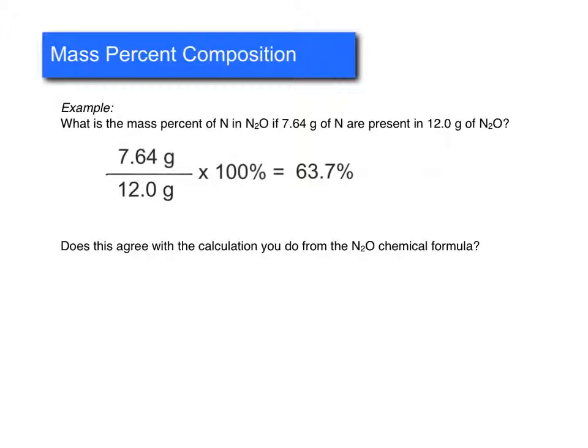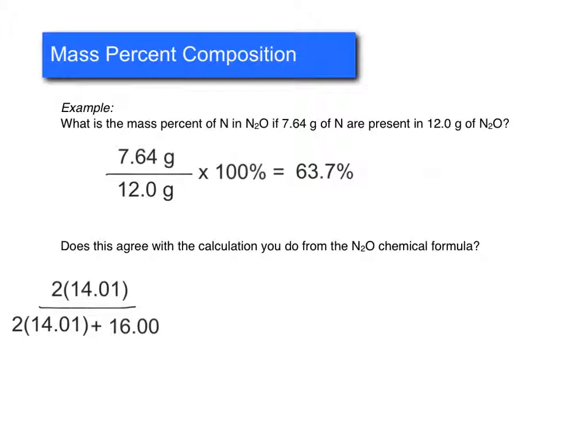Now we want to try this again using the empirical formula, which is given to us in the problem. We take the mass of the nitrogen on top. The mass of the nitrogen in one formula unit of N2O is 2 times the mass of nitrogen on the periodic table, because it's N2O. So that's 2 times 14.01. Then the mass on the bottom is the total molar mass for that compound: 2 times the mass of nitrogen, 14.01, plus the mass of oxygen, which is 16.